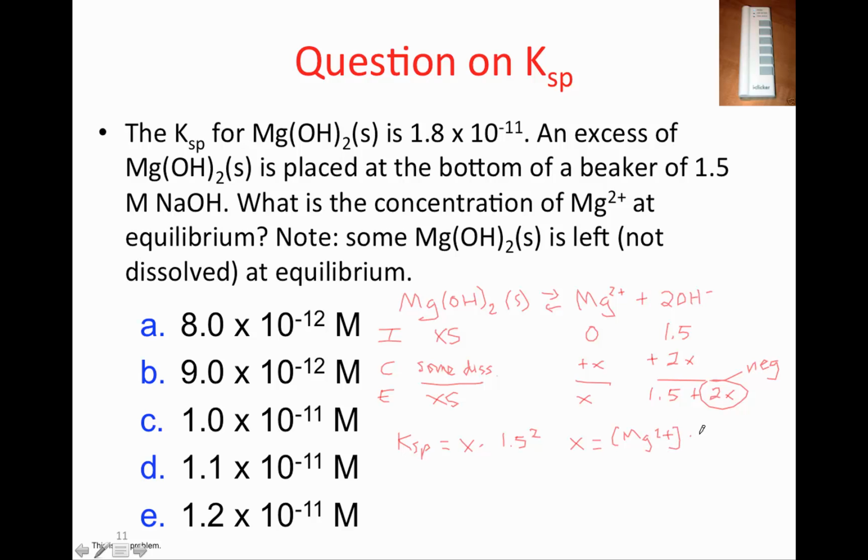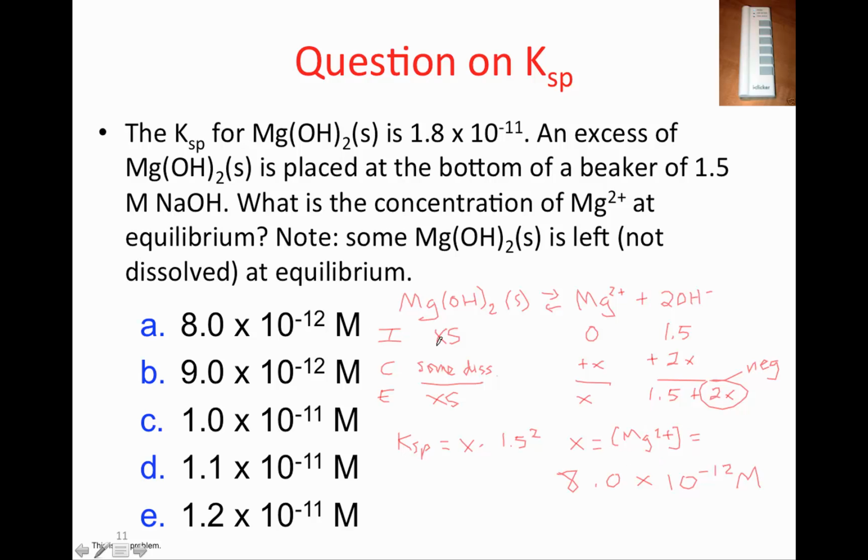So let me throw the numbers in my calculator. I've got KSP, which is 1.8 times 10 to the minus 11, and I'm going to take 1.5 and square it and divide, and I get 8 times 10 to the minus 12. So 8 times 10 to the minus 12 molar as my concentration of the magnesium, and that's really quite low.